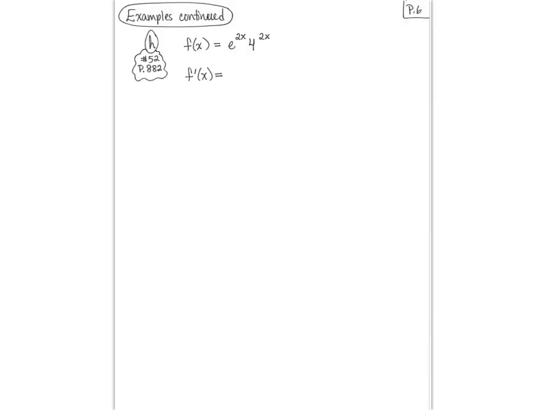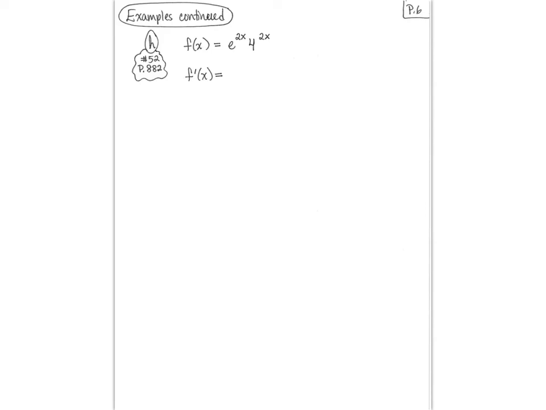Our last example is we want to differentiate e to the 2x times 4 to the 2x. Okay, so here we need to remember that we're multiplying two different kinds of exponential functions. So we need to remember the derivatives of each, and then we need to apply it.